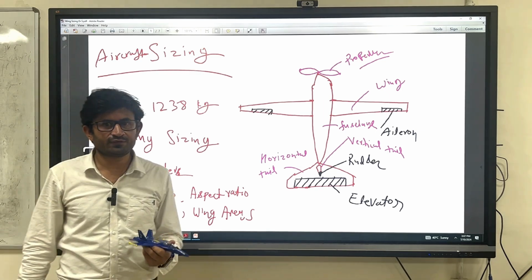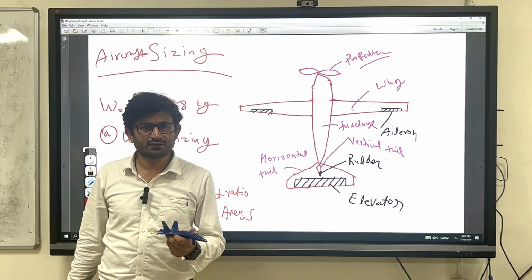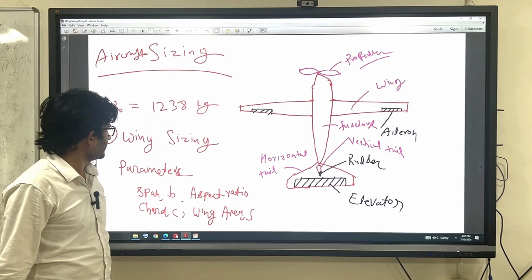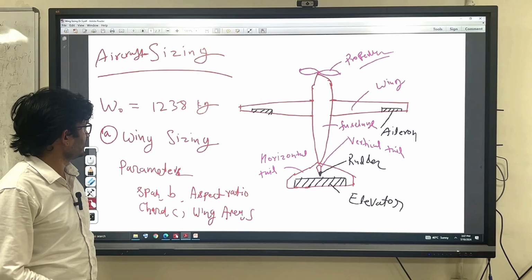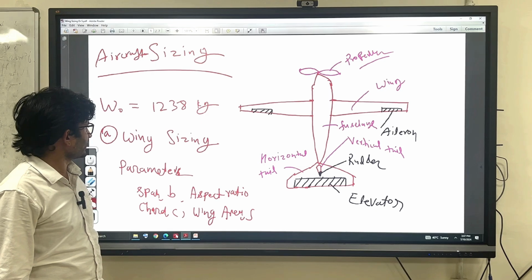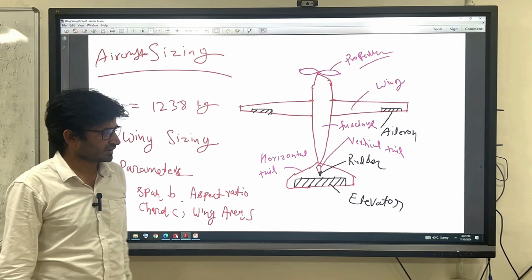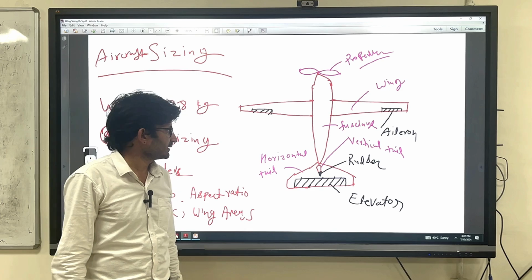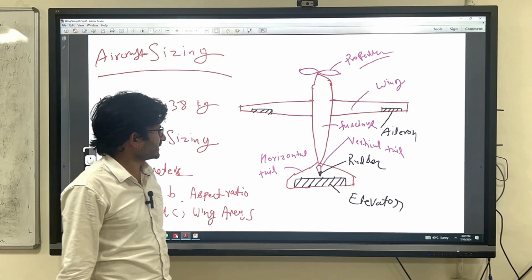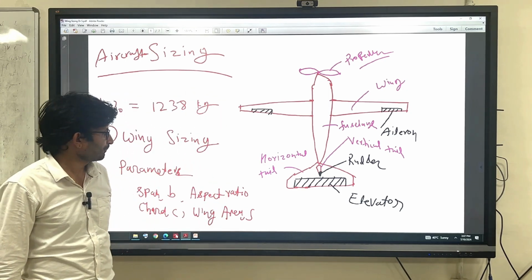So in order to lift that weight, we have to size the wing, and there are many methods available in the literature, and many papers have been published for wing sizing, tail sizing, etc. Okay, but here we will take a very simple method to size the wing.